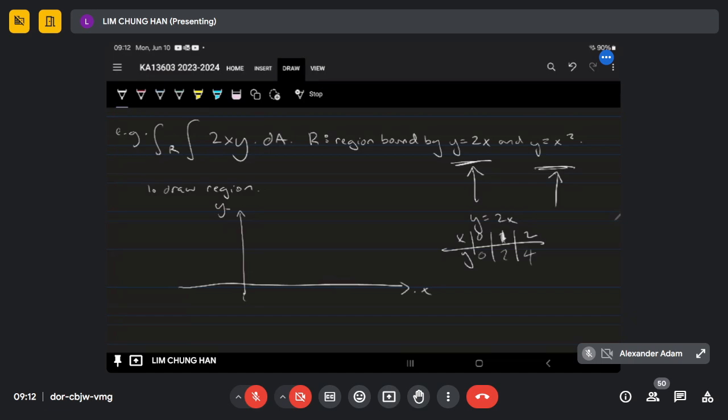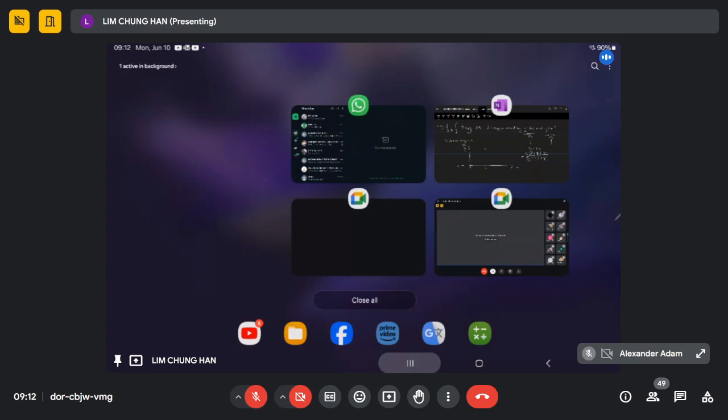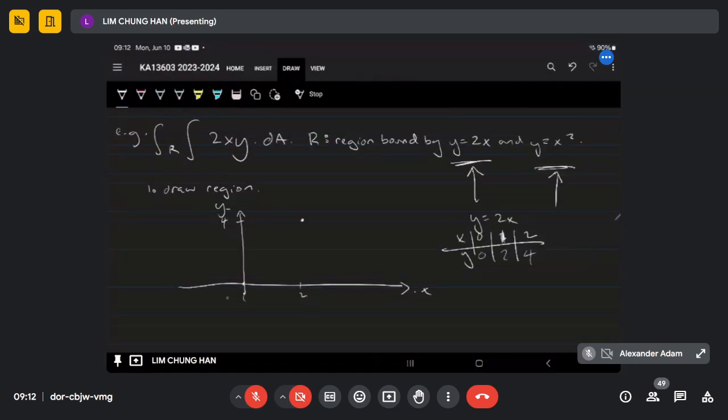So now we can plot (0, 0) and (2, 4). It's a line like that. That is y equals 2x.